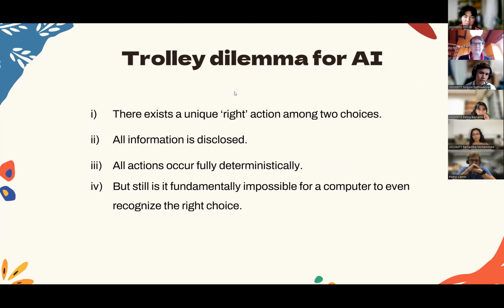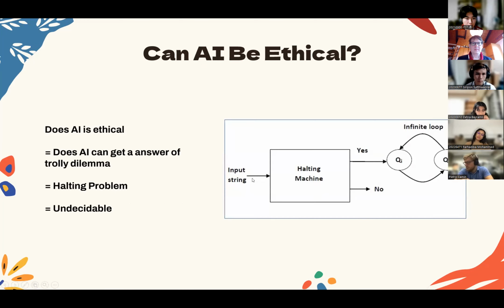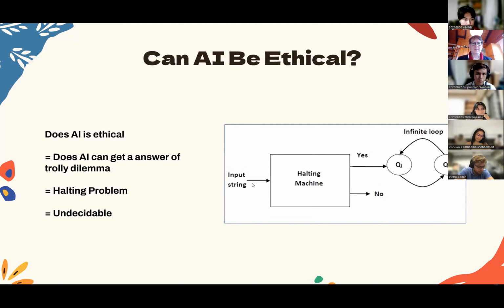The first, second and third statements mean that this problem has no logical leak. But as in the first statement, the AI can't make the answer for this problem. To be more specific: the question of whether AI is ethical means that we know that AI can make an answer to the trolley dilemma above.